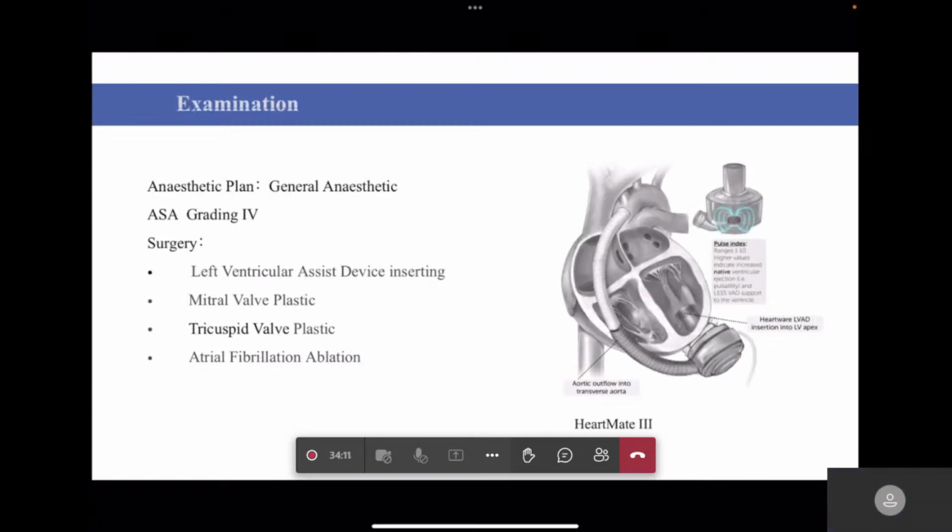According to the perioperative examination, the patient was expected to undergo left ventricular assist device insertion, mitral valve plastic surgery, tricuspid valve plastic surgery, and atrial fibrillation ablation.